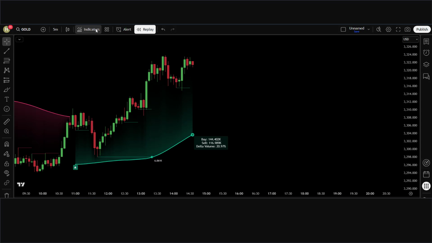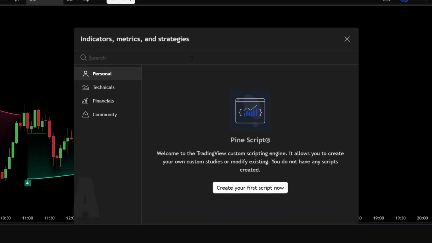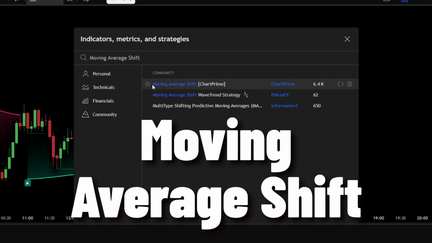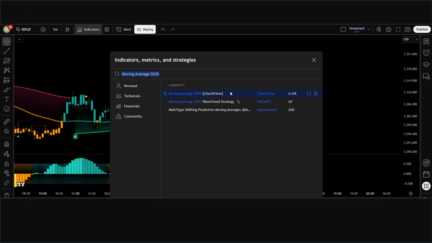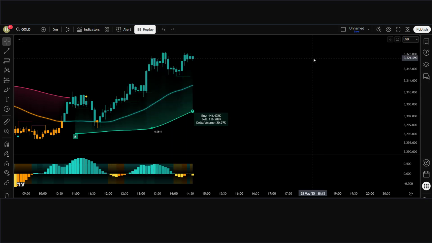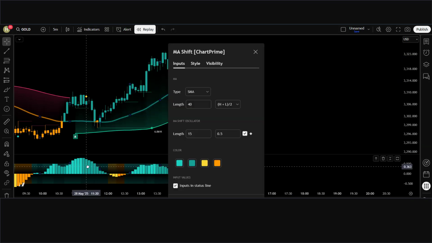We have to apply another indicator on the chart. Second indicator name is MA Shift. Keep the indicator setting as I have shown here.